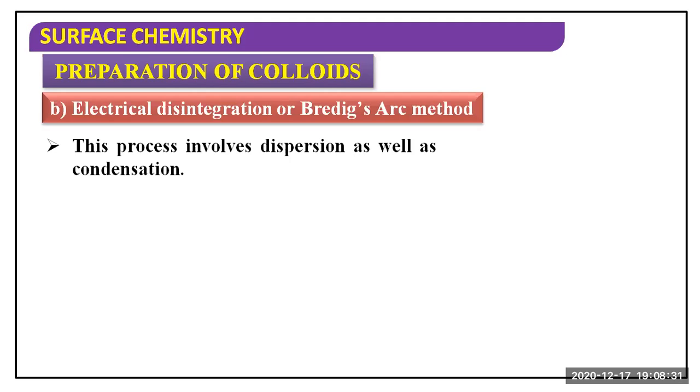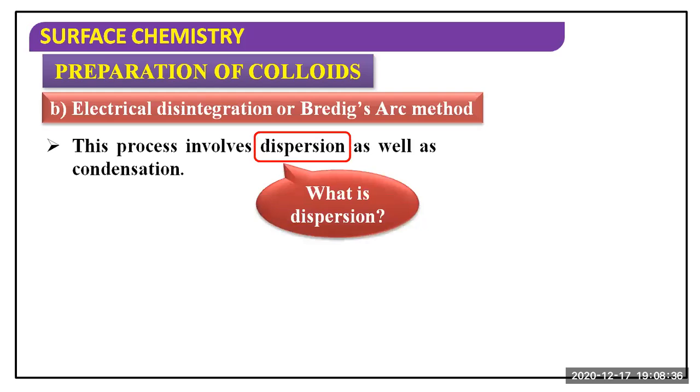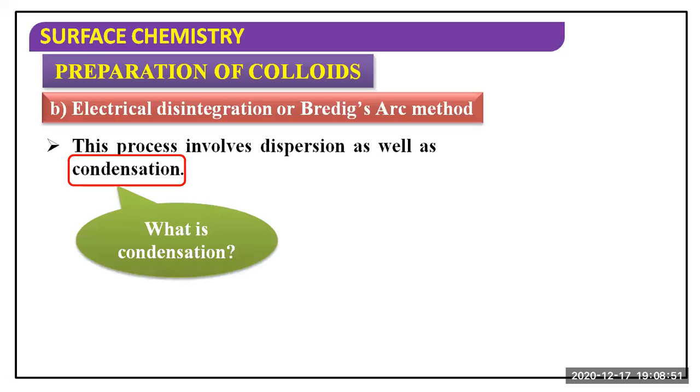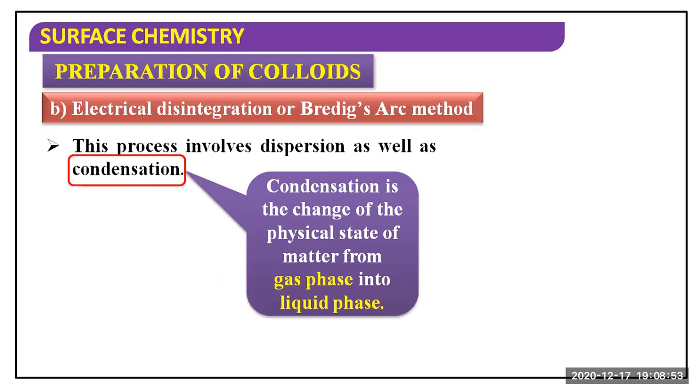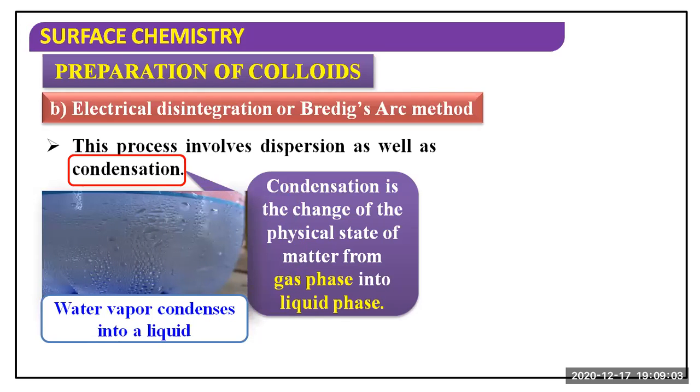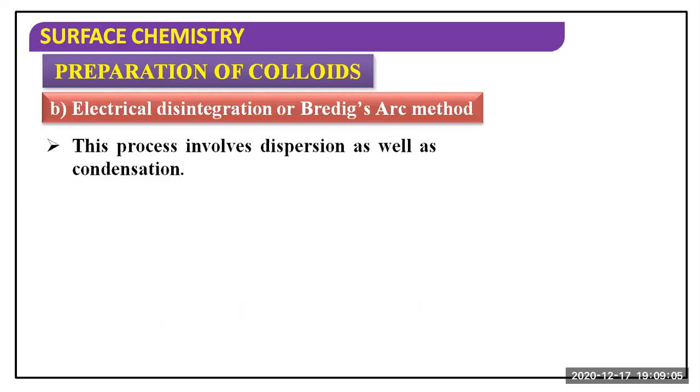Now, by Bredig's arc method, this process involves dispersion as well as condensation. We know about dispersion. A dispersion is a system in which particles are dispersed in a continuous phase of a different composition or state. And condensation is the change of the physical state of matter from gas phase into liquid phase. Water vapor condenses into a liquid.